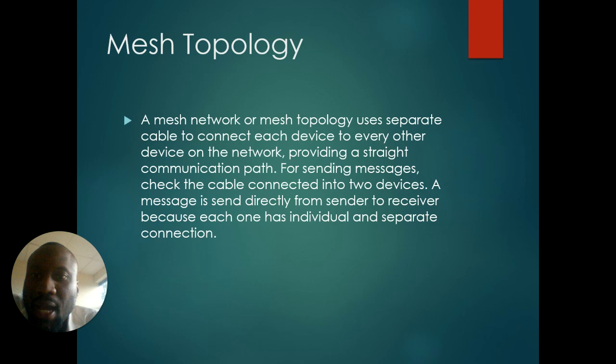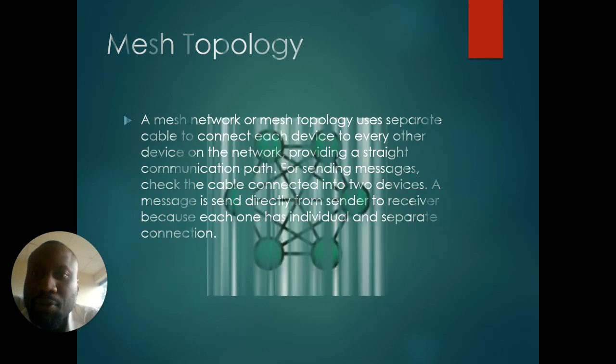Mesh topology. A mesh network or mesh topology uses a separate cable to connect each device to every other device on the network, providing a straight communication path. For sending messages, check the cable connecting the two devices. A message is sent directly from the sender to the receiver because each one has an individual and separate connection.